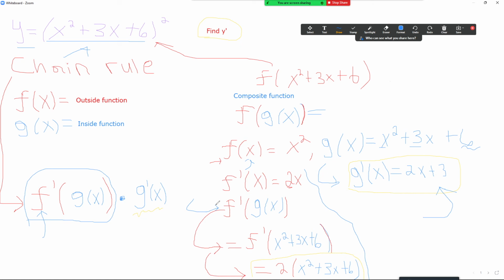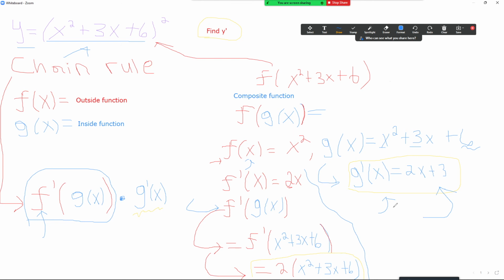And the last part that is tagged along on the chain rule is the derivative of the inside function, because you identify what the inside function is, which is here. And then you take the derivative of your inside function, which is the portion highlighted in yellow.